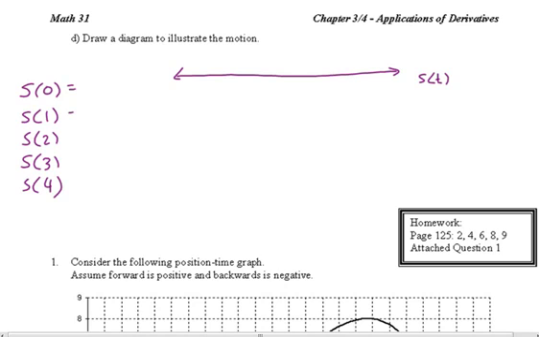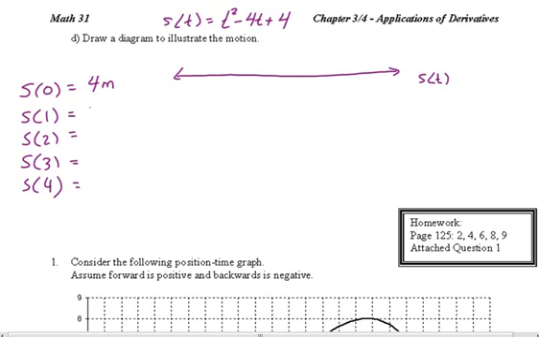How do we figure out our position at these times? S equals? No, that's V. What does S equal? T squared minus 4t plus 4. Okay, so at 0, what's our position? 4 meters. Good. At 1, what's our position?